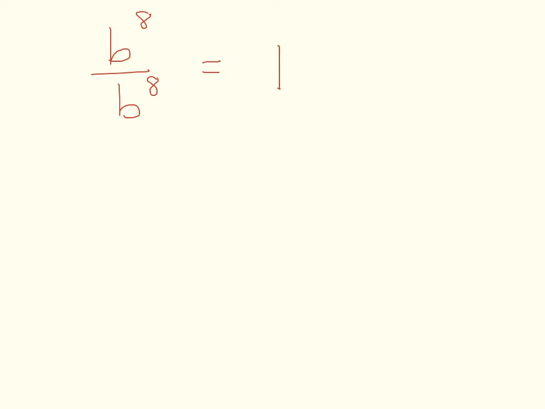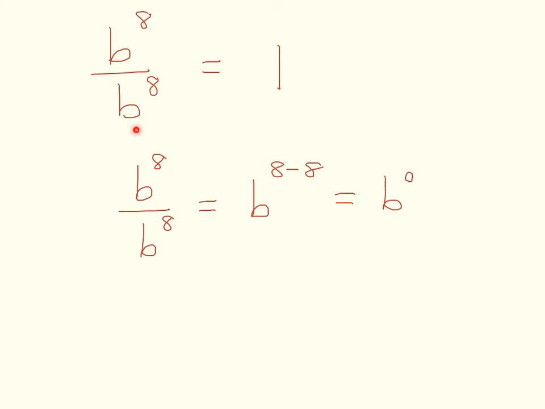If we look at b to the 8th over b to the 8th a second time, and recall that we're allowed to subtract the exponents because the bases are alike, this should be equal to b to the 8 minus 8 power, which is equal to b to the 0.